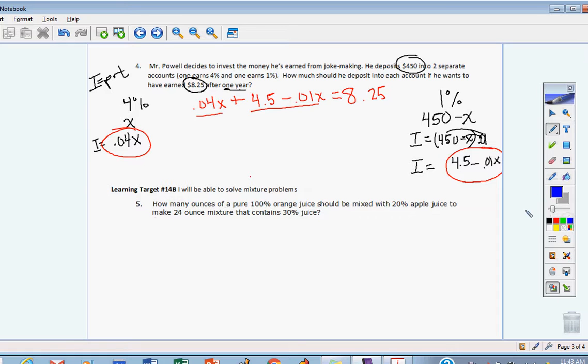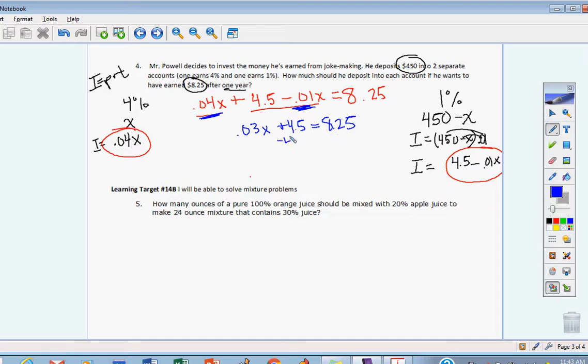All right, well now if you see I have some x's here and I got some x's here. So if I basically just combine like terms, 0.04x minus 0.01x, just type that into your calculator if you struggle with that for now, and that would be 0.03x plus 4.5 equals 8.25. Don't forget your x on the 0.03.